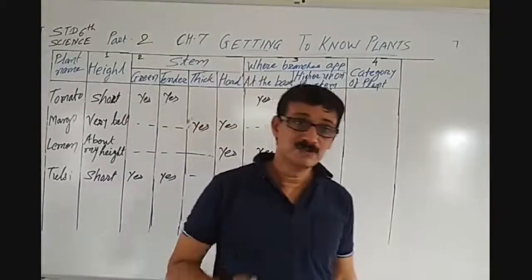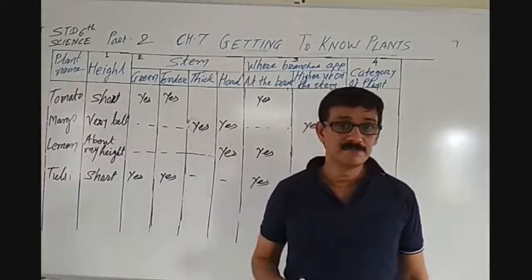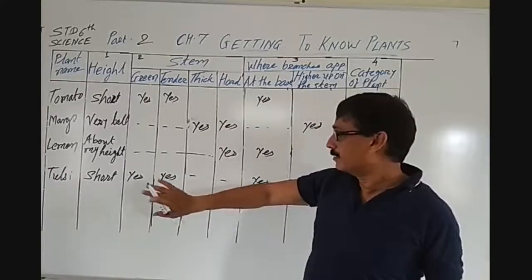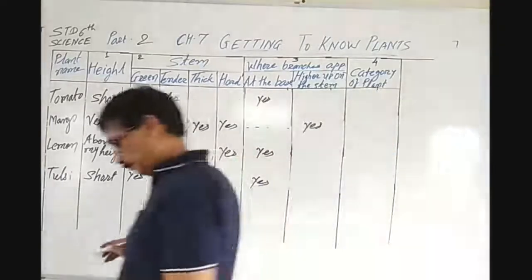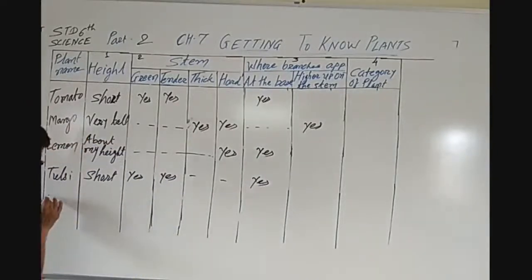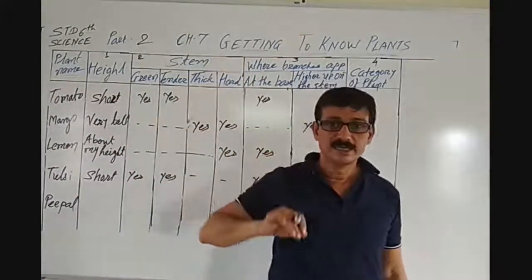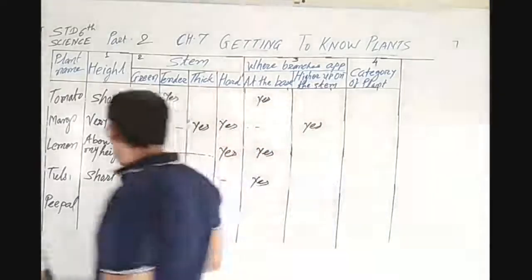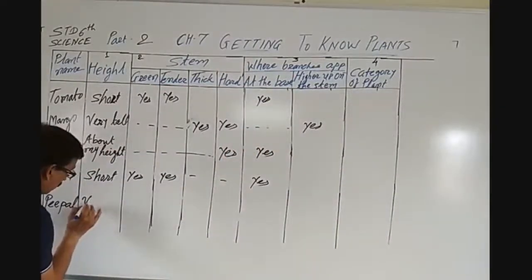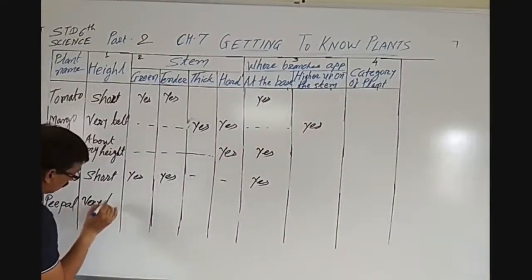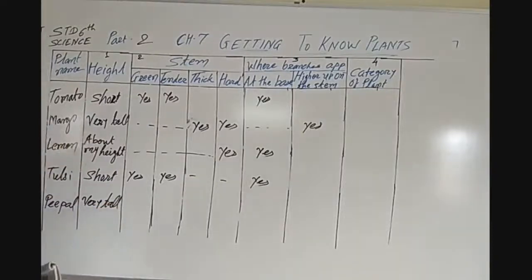You must have seen a banyan or peepal tree, isn't it? So let me write peepal tree. It used to be very tall, isn't it? So I should write very tall, isn't it?